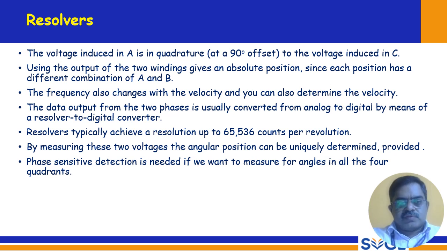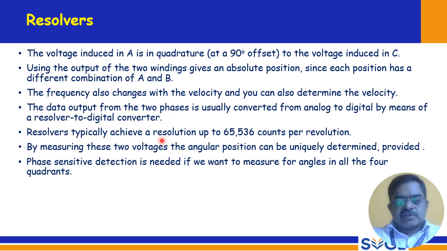Using the output of the two windings gives an absolute position, since each position has a different combination of A and B. The frequency also changes with the velocity, so you can also determine the velocity. The data output from the two phases is usually converted from analog to digital by means of a resolver to digital converter.